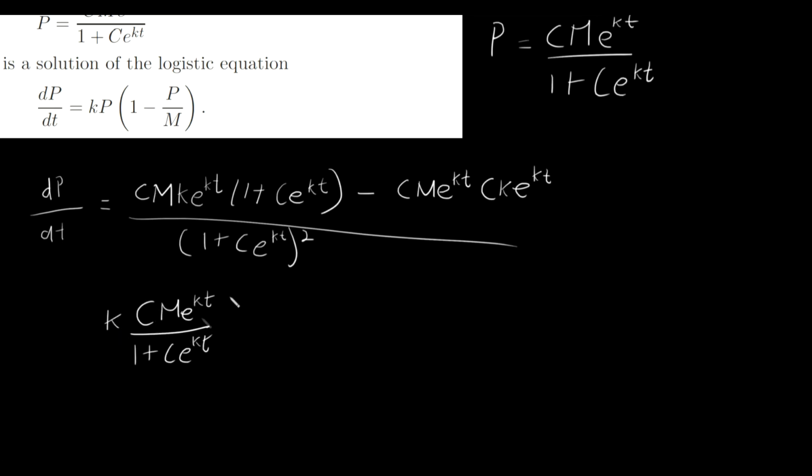Now we have our kP, because look, P equals all of this, so I can rewrite all of this as P. So by pulling that out, what do I have left? I've taken out a cMk e^(kt), so I'm just left with 1 plus ce^(kt) over the other 1 plus ce^(kt).